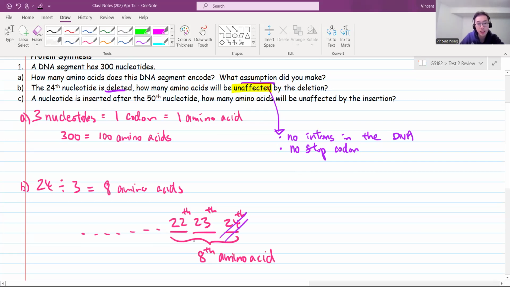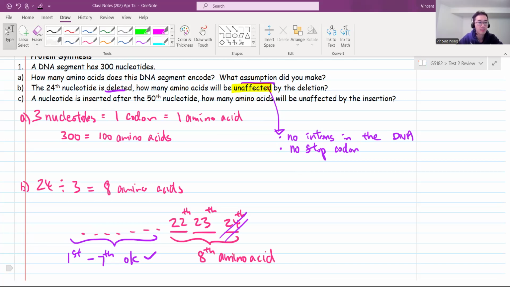So if this goes, then the eighth amino acid is actually going to be wrong. So the first seven are okay. If you delete the 22nd, 23rd, or 24th, all will give you the same answer: 1 to 7 will be okay, but the eighth one will not. If you delete the 25th, then the first 8 would have been okay. Does that make sense?